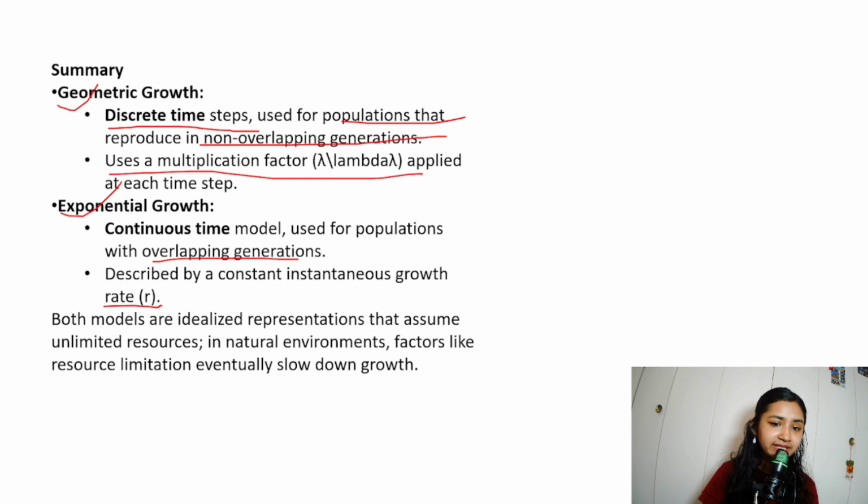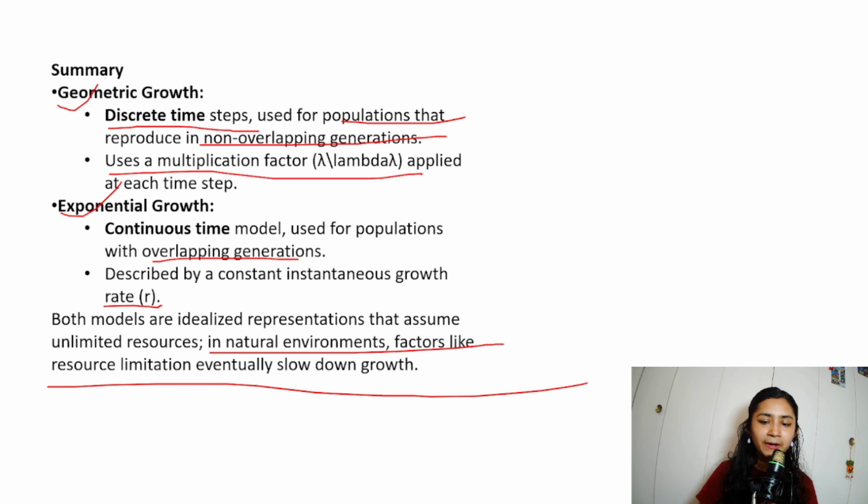Both models are idealized representations that assume unlimited resources. I told you both are for unlimited resources, and now you can understand the difference between them. In natural environments, factors like resource limitation eventually slow down their growth. Of course, they grow smoothly, but when resources are limited, their growth will be limited.